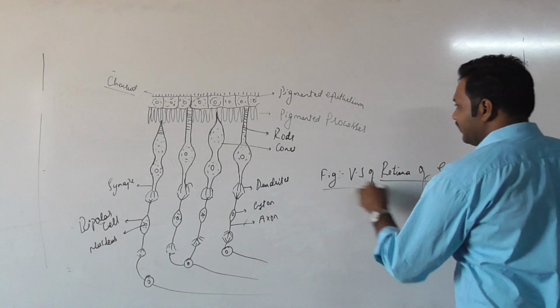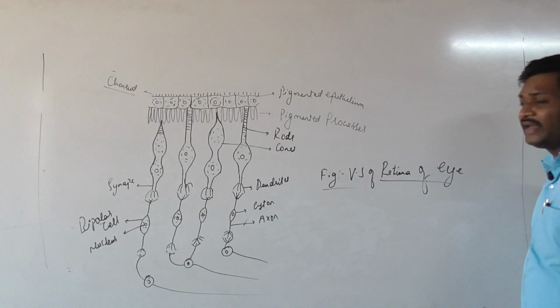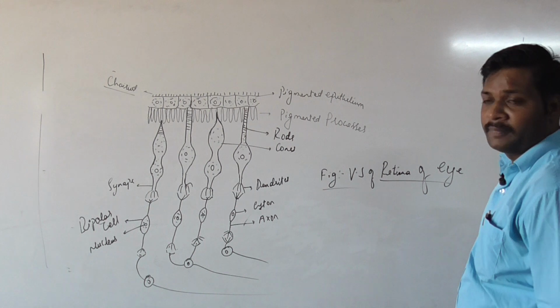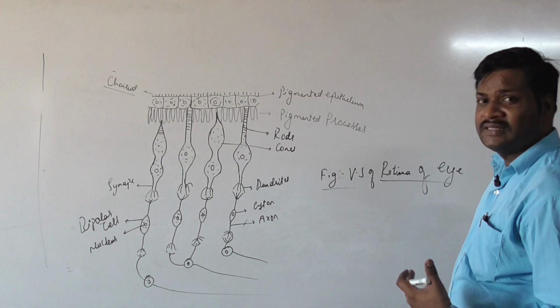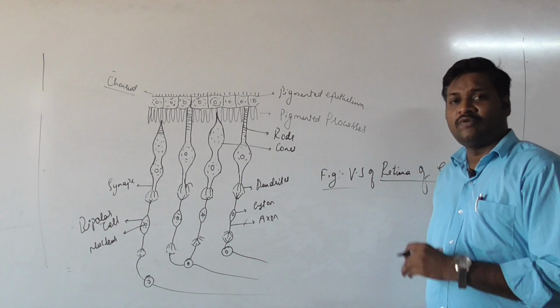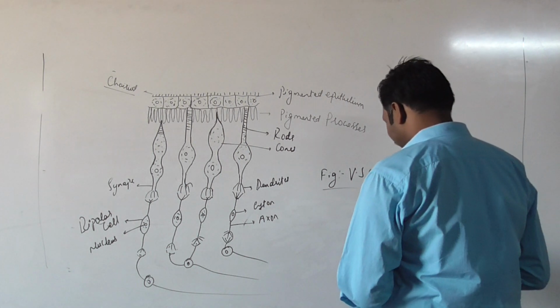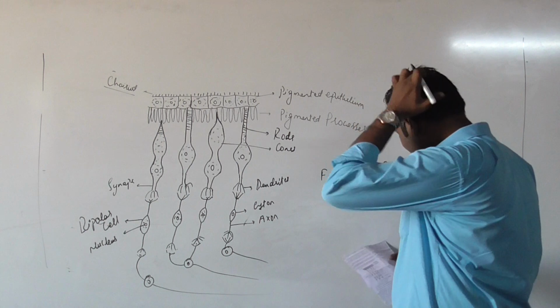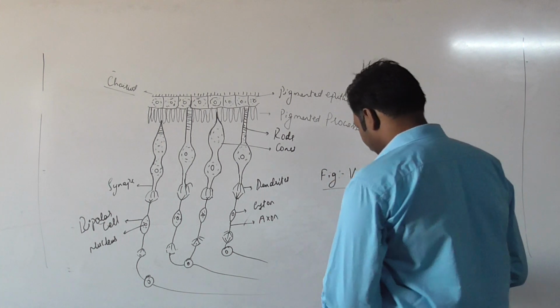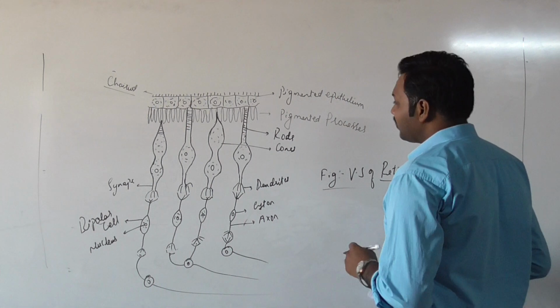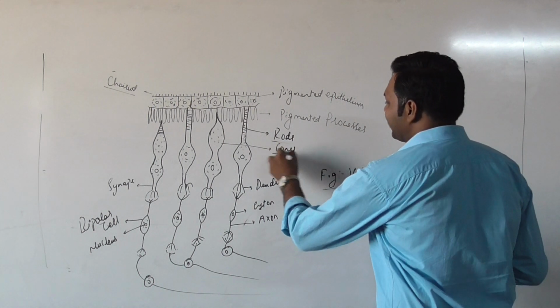You can pause the video and note down, or you can draw the diagram. Here the pigmented epitheliums are present. Pigmented epithelium consists of photosensitive pigments, having the melanin pigment in it. Then a layer of two types of photoreceptors, referred to as the rods and cones.